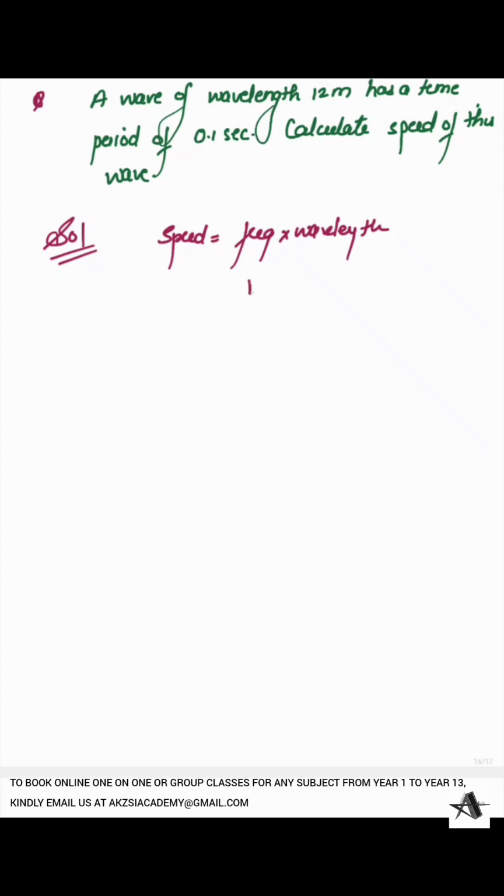Wavelength we know, which is 12, but we don't know the frequency, but we know that frequency is 1 over time period. Time period is 0.1 second, so 1 over 0.1, that is, frequency is going to be 10 hertz. Multiplied by 12, ultimately we'll get speed as 120 meters per second.